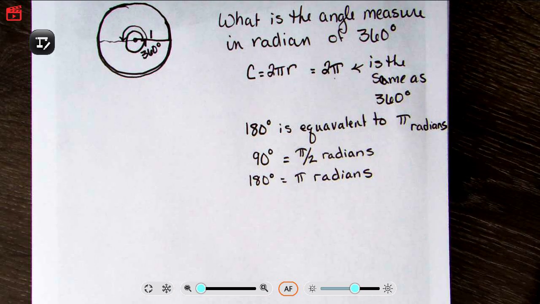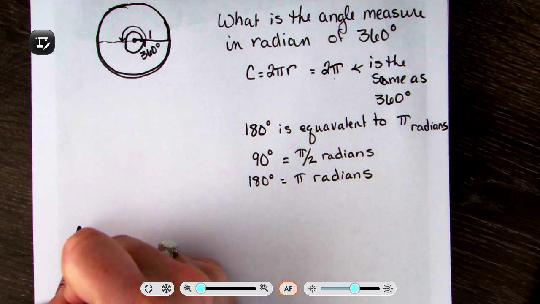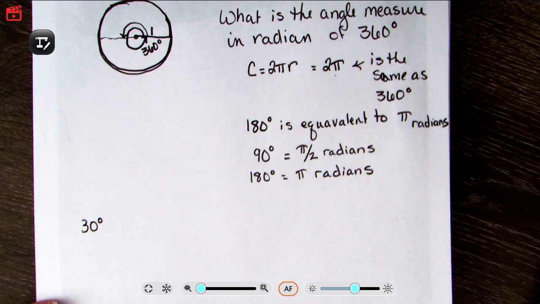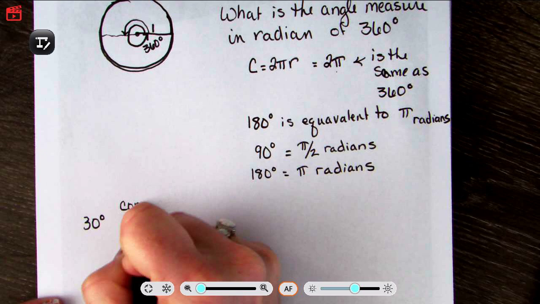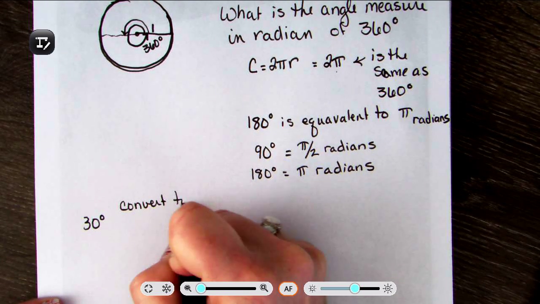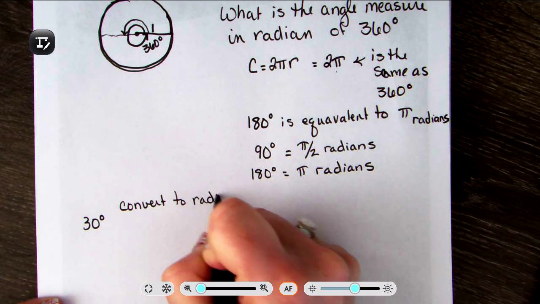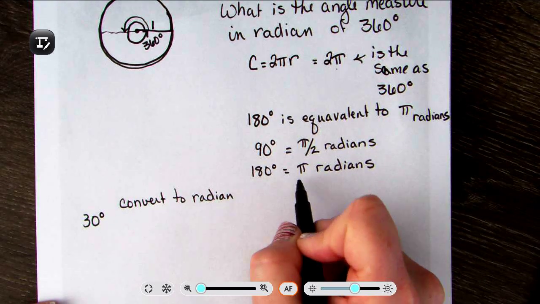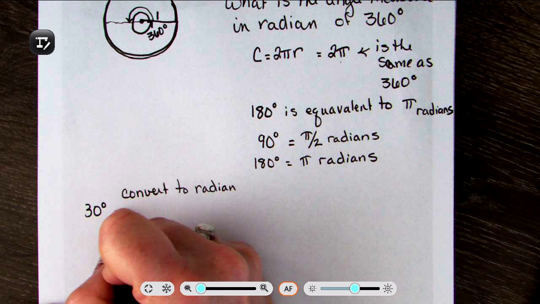So if we want to convert from something in radian measure to degree measure, or degree measure to radian measure. So let's say I have a 30 degree, and I want to convert it to radian measure. We're going to multiply by a unit conversion fraction.